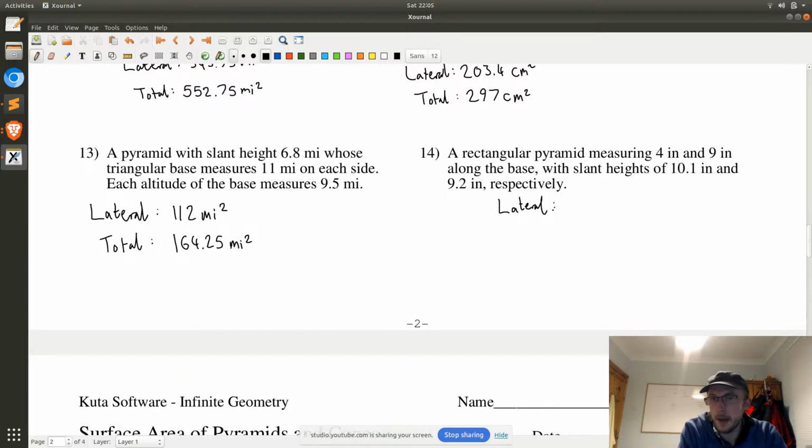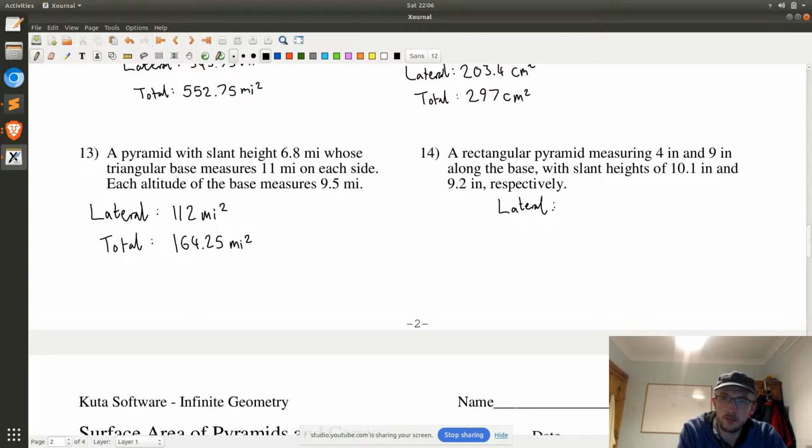A rectangular pyramid measuring 4 inches and 9 inches along the base, with slant heights of 10.1 inches and 9.2 inches, respectively. Okay, so for the two larger triangular faces, we'd have to do just 9 times 10.1.